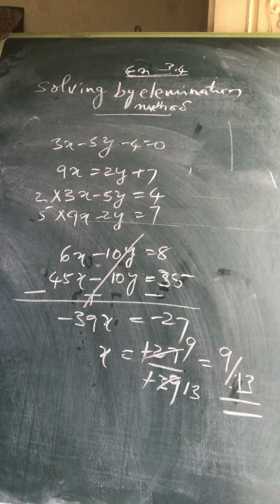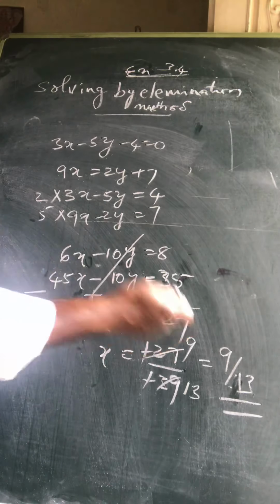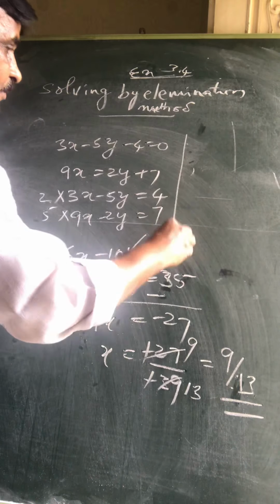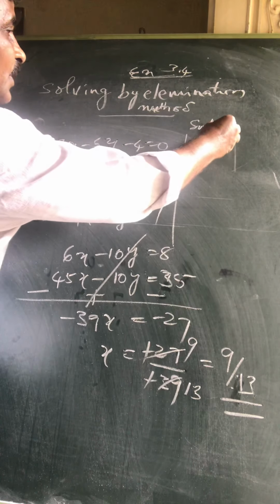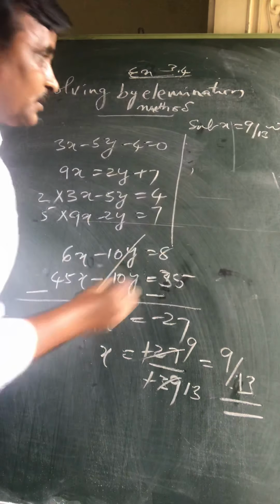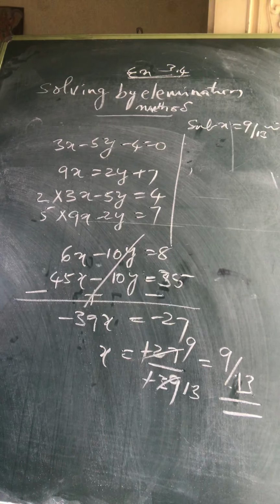Now we have to find the value of y by substituting this in the equation. Substitute x is equal to 9 by 13 in equation 1.